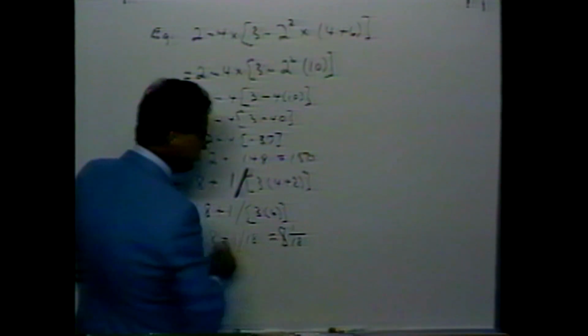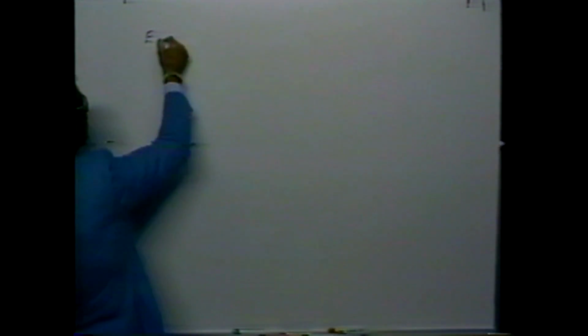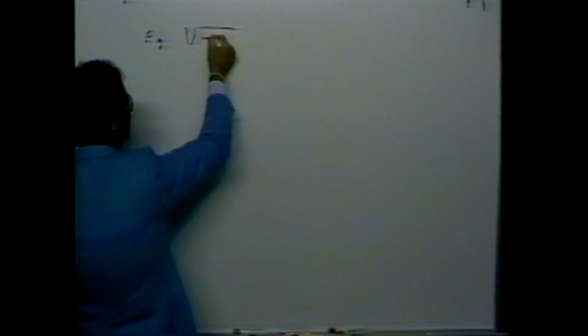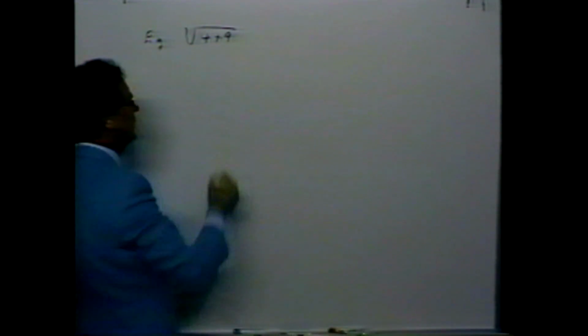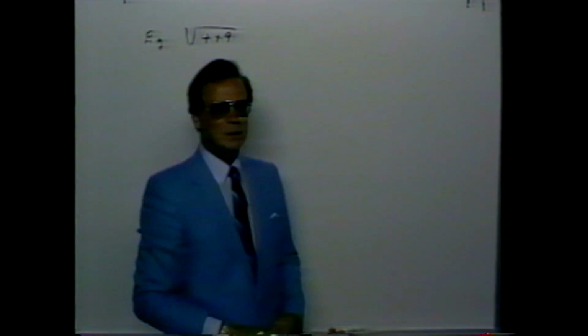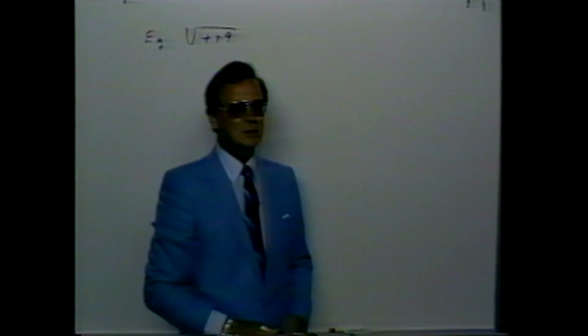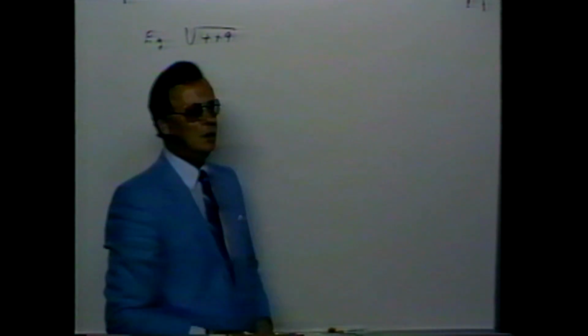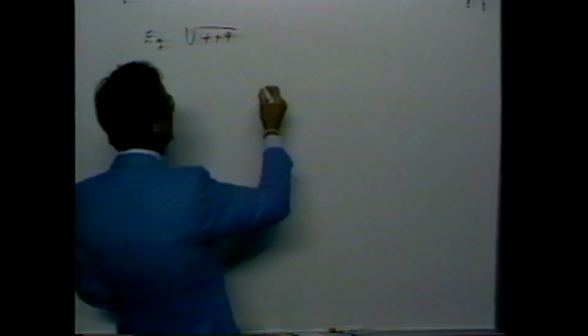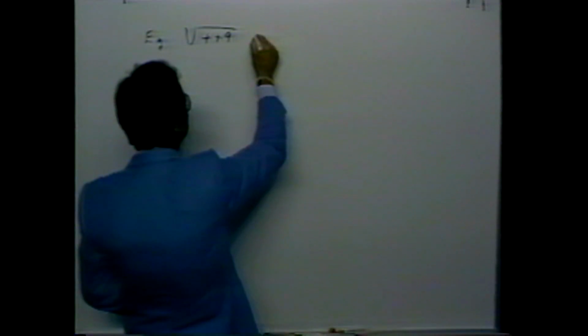The next topic is about taking roots. There is a common misconception that square roots of an example such as the square root of 4 plus 9 is handled like the square root of 4 times 9.